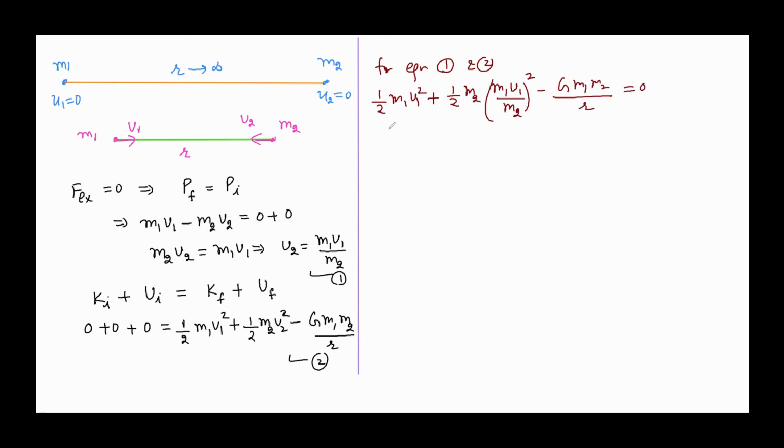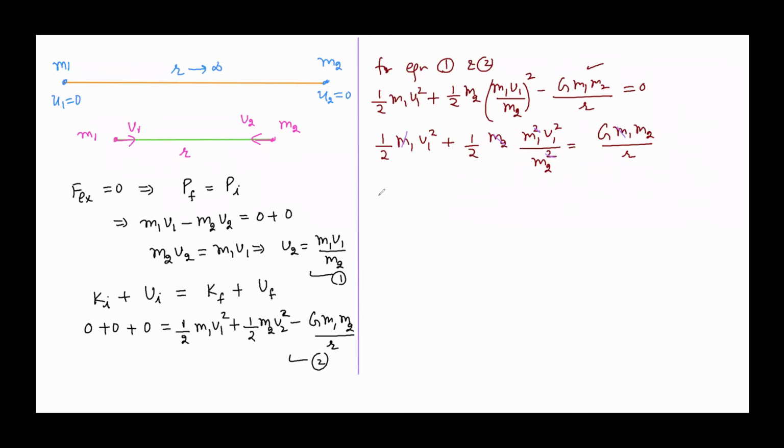Now if I simplify it, half m1 v1 square plus half m2, if I open it, m1 square v1 square upon m2 square, and you take this term on the right hand side, G m1 m2 by r. You can say that m1 can be cancelled from both the sides, and this m2 is cancelled by this m2.